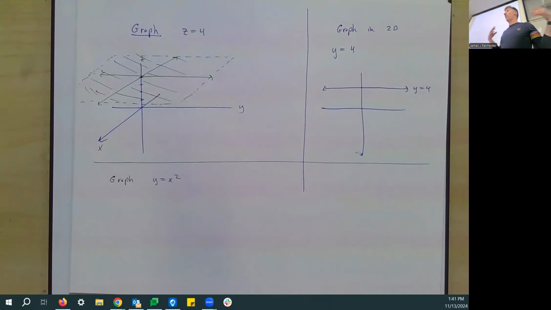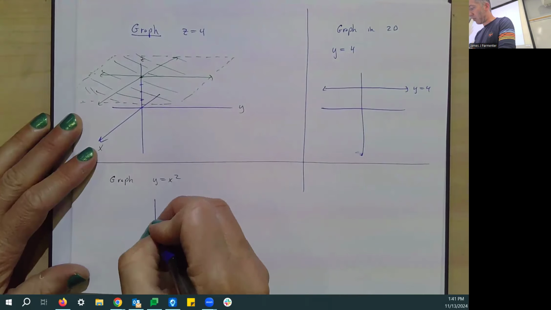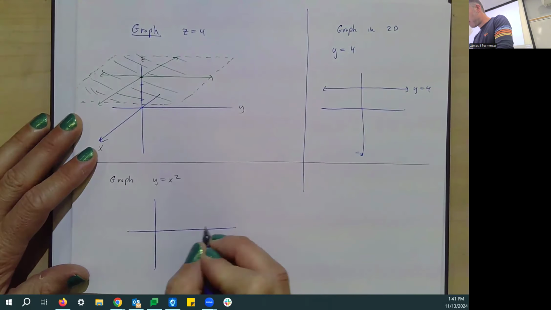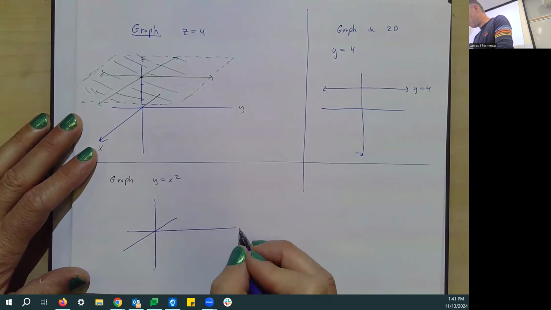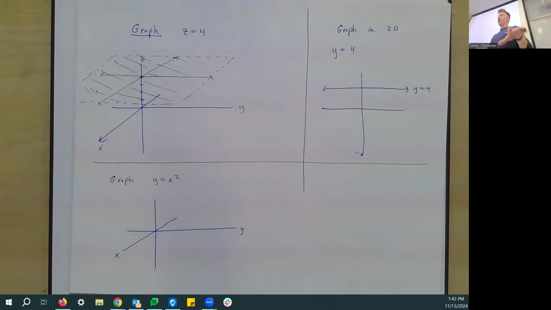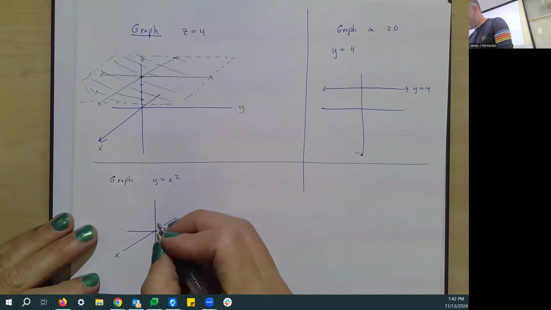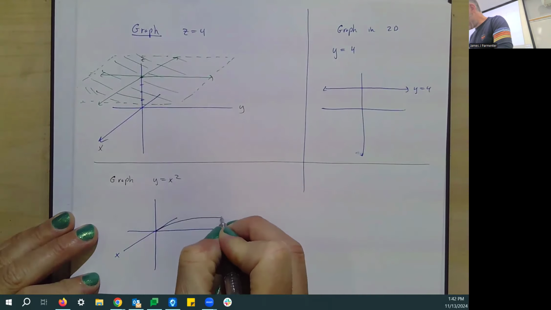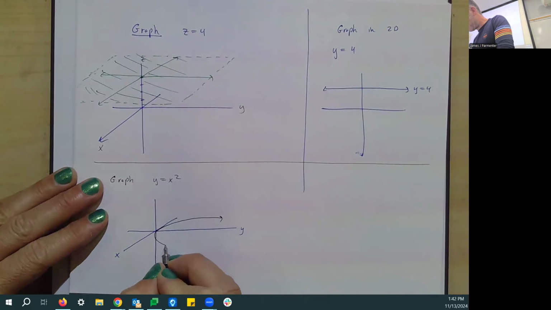So first we're going to draw the two-dimensional curve that we have. So I'm going to draw y equals x squared. This is my y-axis. This is my x-axis. So y equals x squared is going to be a parabola. It looks like it's opening to the right because we open up on the y-axis. So here's my parabola opening up on the y-axis here.